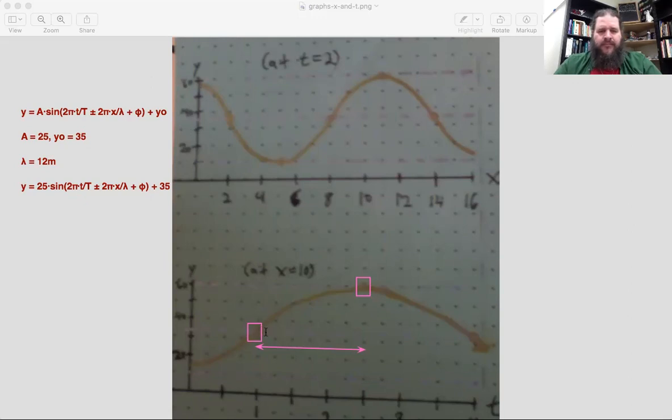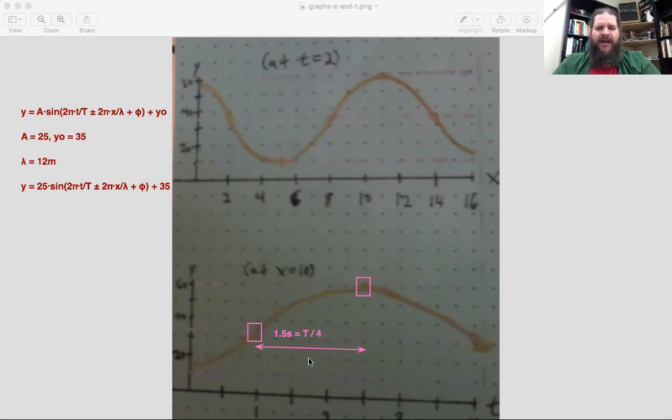One and a half. Yeah, 1.5 seconds equals, and then what fraction of a full cycle is that? If we're just going from equilibrium to the peak. A fourth. Yeah, so we can say 1.5 seconds equals a fourth of a period.